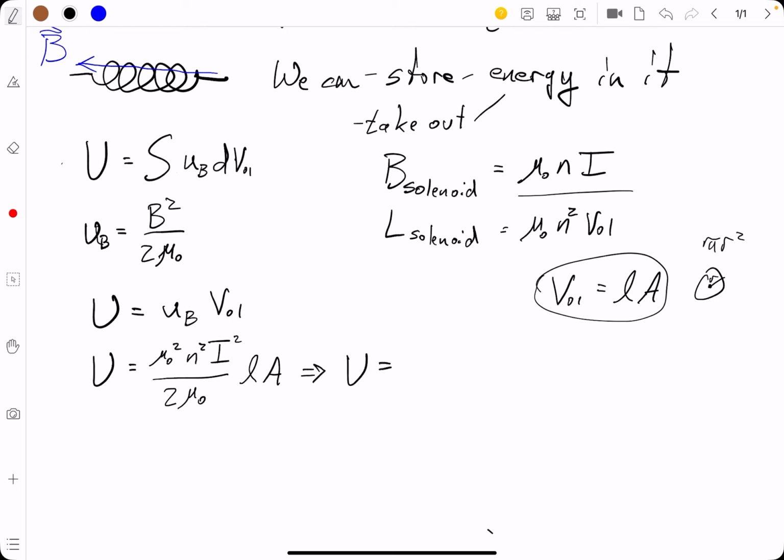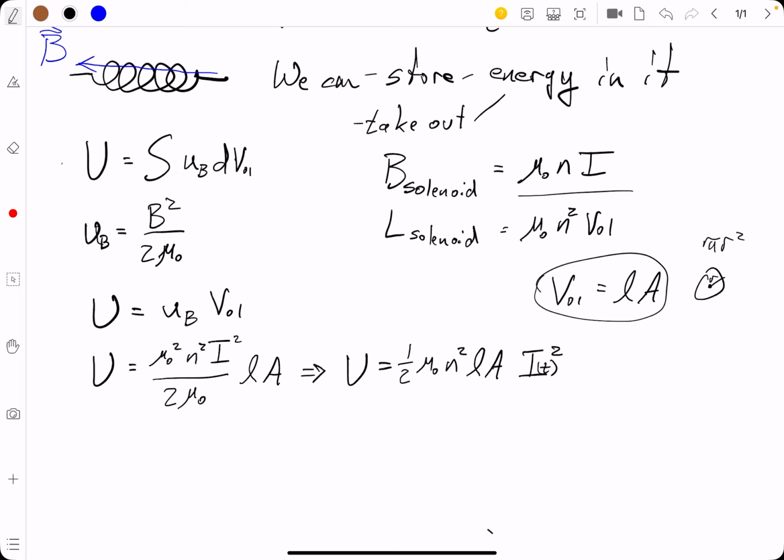U equal to 1/2. Let's pull the 1/2 out. We've got mu naught n squared, L times A, and lastly the thing that could change because it might be a function of time, our I squared.